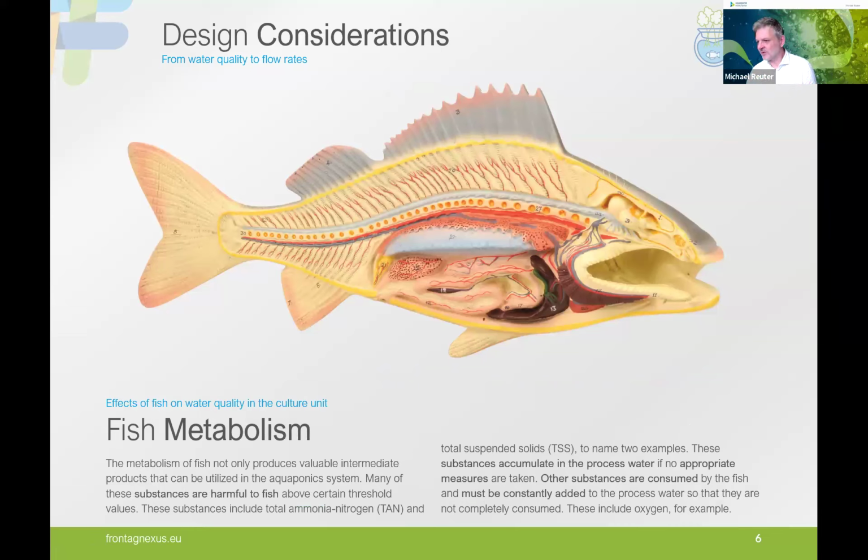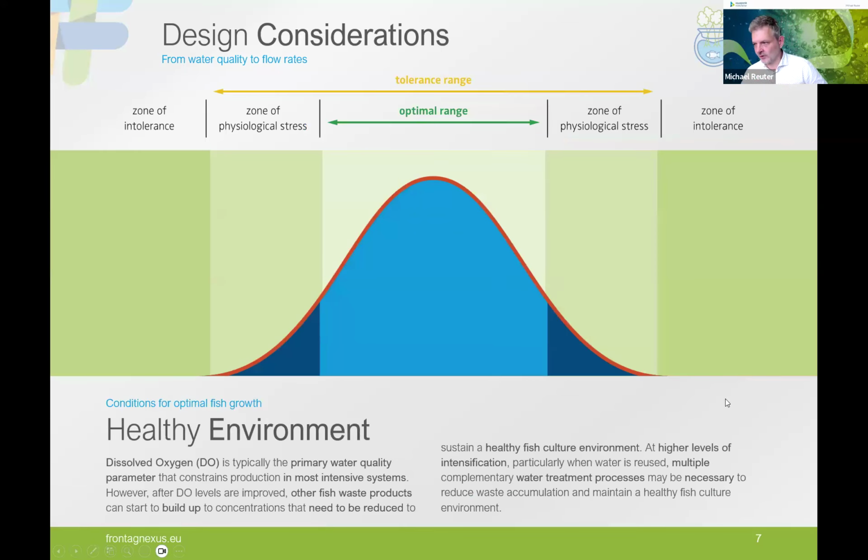Most important, as we already repeated several times in the webinars before, is that the fish create with their metabolism some waste products that go into the water, like solids, like nitrates or ammonia, nitrogen, that have to be filtered out of the system again so that we can recirculate the water and maintain water quality that is within a range that is good for the fish species reared in the system.